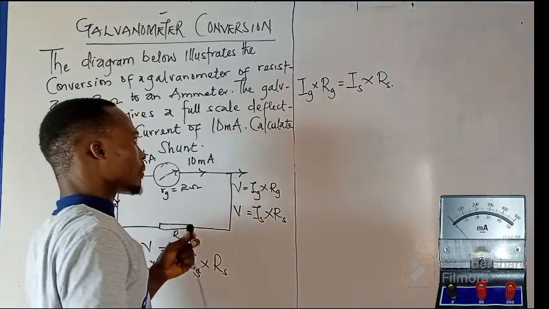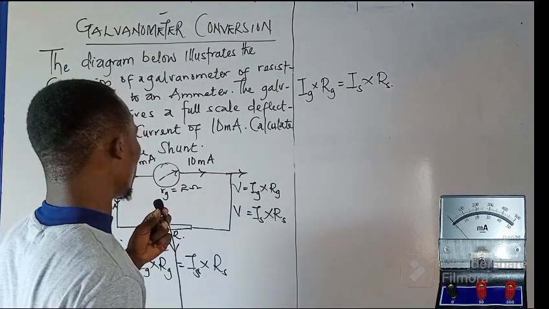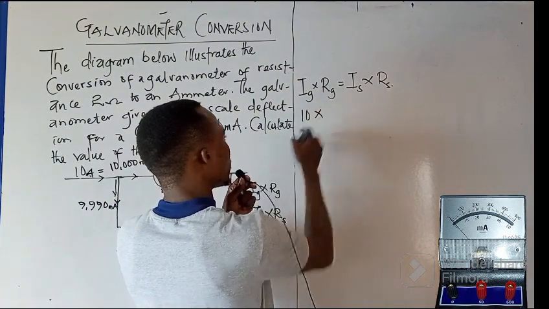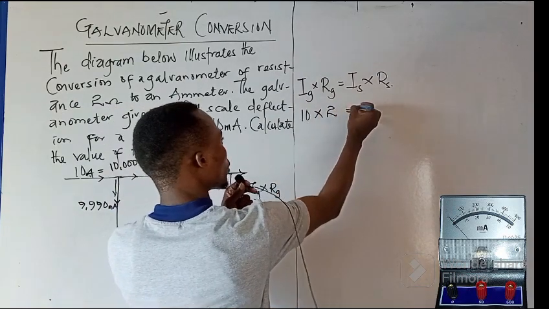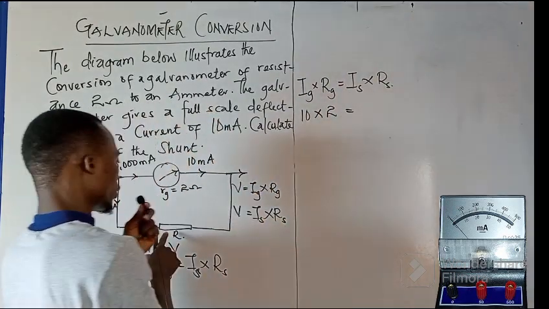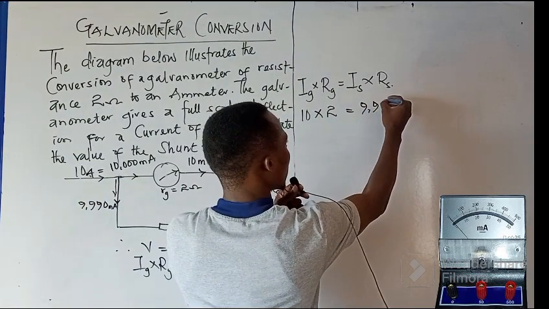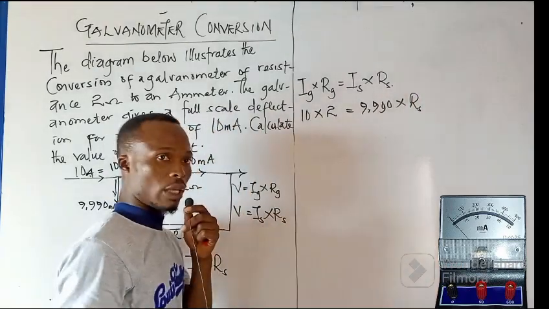The current of the galvanometer is 10 milliampere. So we have 10 milliampere times the resistance of the galvanometer, which is 2 ohms, equals the current of the shunt, 9,990, times the resistance of the shunt, which is what we are looking for.